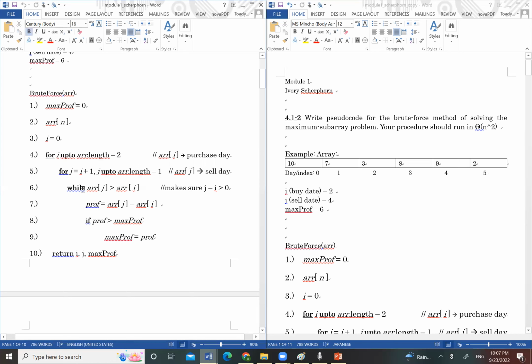And in this embedded loop, I have a while loop. So as long as array at index J is greater than array at index I, then the profit will be array at index J minus array at index I. This is just to make sure that the subtraction will be greater than 0, because we don't want a negative.